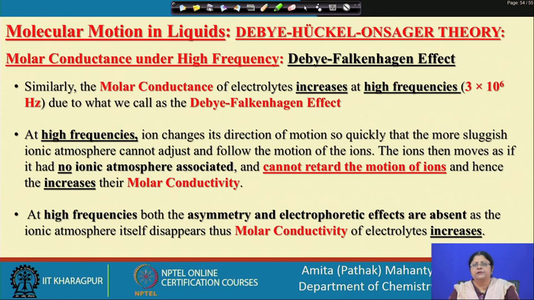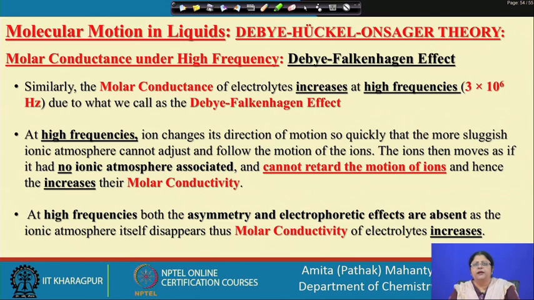But what happens if you have a very high frequency? The change from clockwise to anti-clockwise will be so fast that the ionic atmosphere associated with the ion will not have sufficient time to adjust to the change in frequencies.